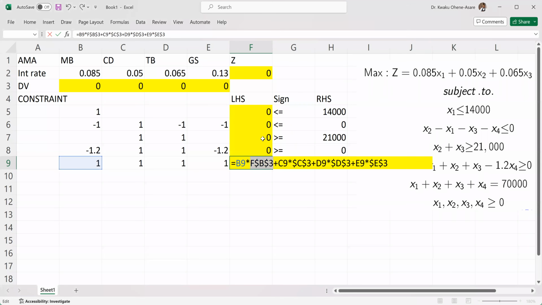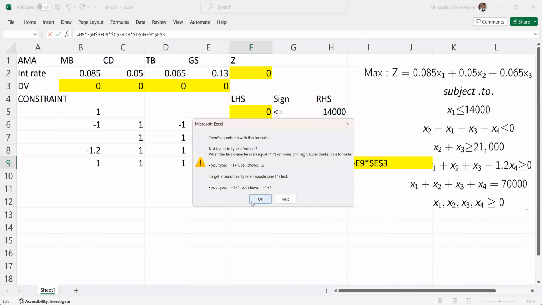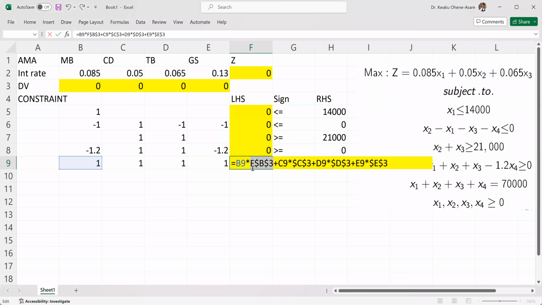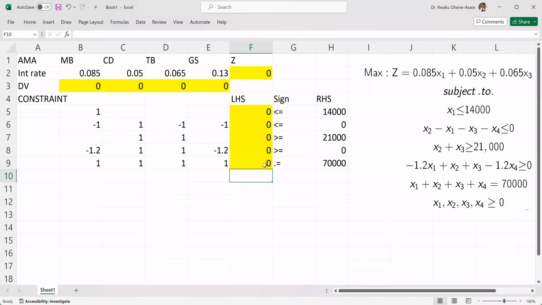Don't worry. There's a dollar in front. Escape. Just recopy the formula. All right, it's fine now.